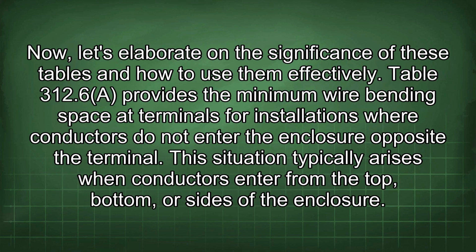Now, let's elaborate on the significance of these tables and how to use them effectively. Table 312.6(A) provides the minimum wire bending space at terminals for installations where conductors do not enter the enclosure opposite the terminal. This situation typically arises when conductors enter from the top, bottom, or sides of the enclosure.